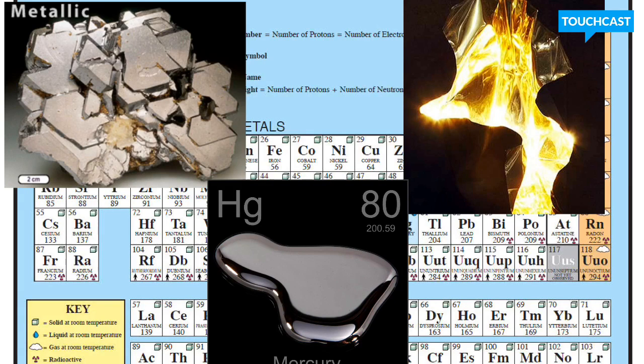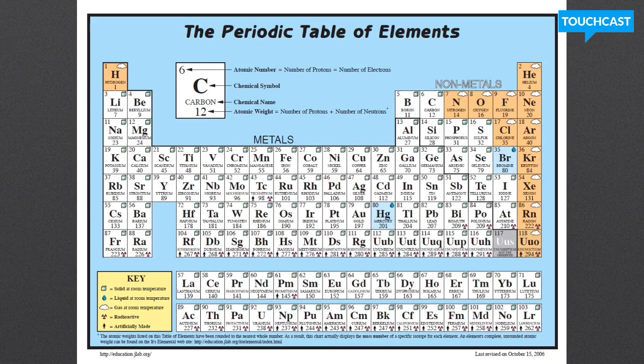By looking at the periodic table, you can tell that most metals tend to be solids. A solid is indicated by a solid square on your periodic table, and you can tell that because it tells you right in the key.